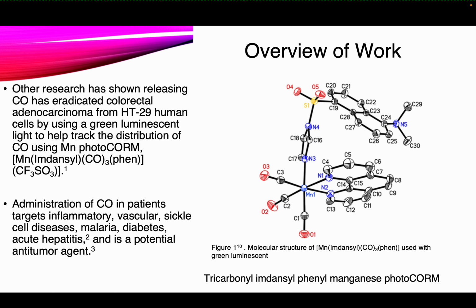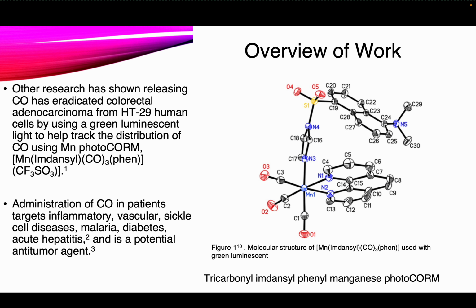Other research has shown releasing carbon monoxide has helped to eradicate colorectal adenocarcinoma from HT29 human cells by using a green luminescent light to help track the distribution of carbon monoxide using a manganese photoCORM. The molecular structure of this particular manganese photoCORM is located on the right side of the screen, and you can see the molecular geometry around the manganese metal center.